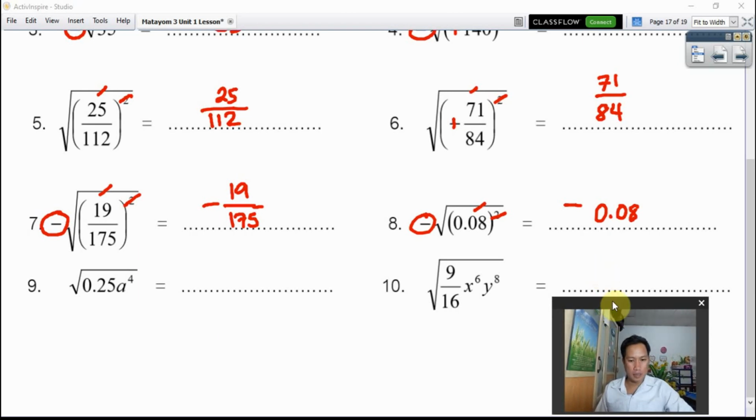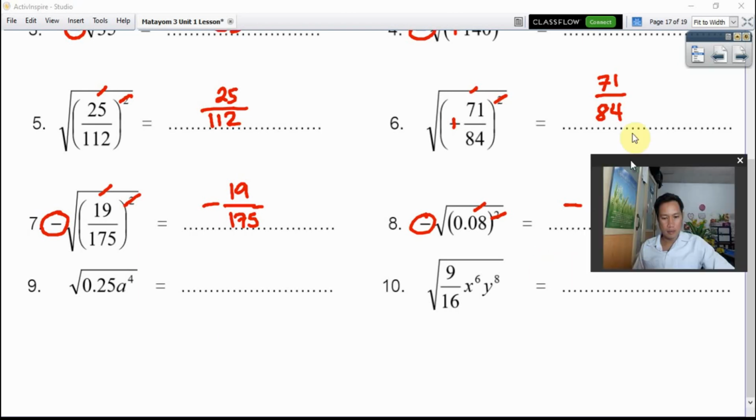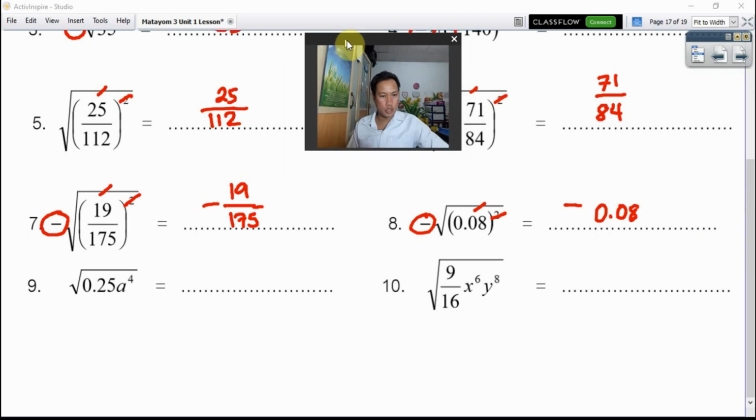Alright, and let's look at our last example here. Now, there's no square. So what we need to do is change them into a square. So 0.25 is the same as 0.5 squared, a to the power of 4, a squared.